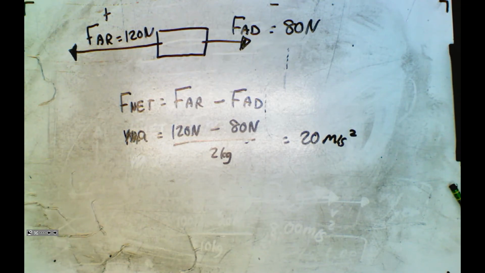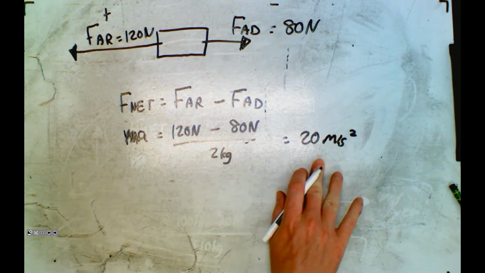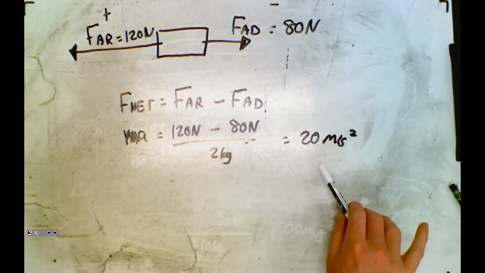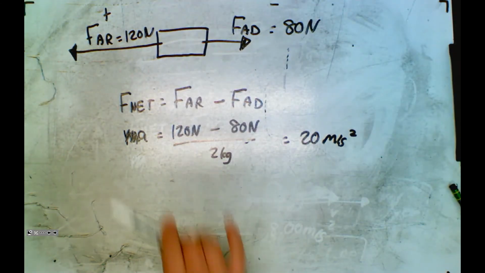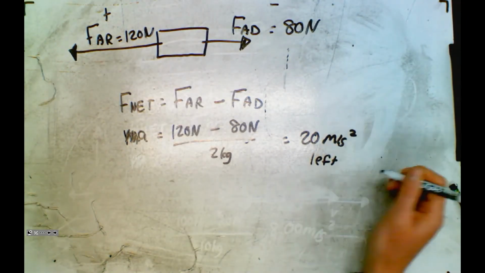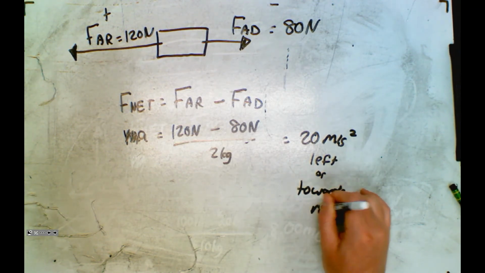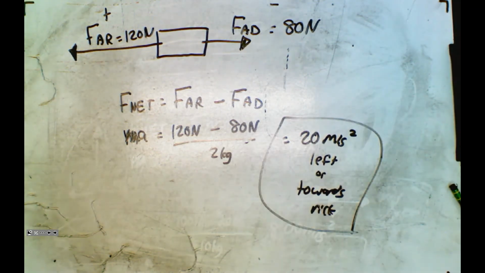To the right number of sig digs, or no, we have 1 sig dig. Oops, that's a typo. It should be 2 sig digs. Anyways, you also need a direction because it's not asking for the magnitude. Rick is to the left, so you could either put to the left or towards Rick, which would be the best way to answer that question. And that's how you do that.